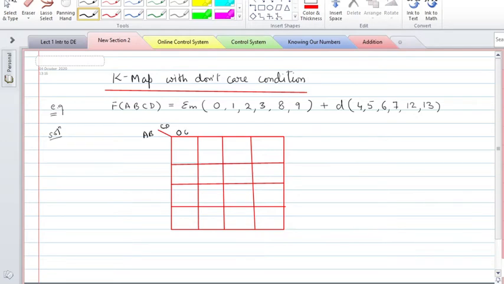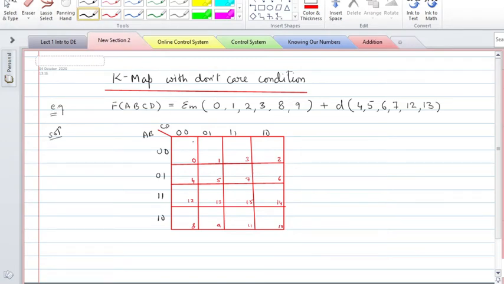A, B, C, D: 0 0, 0 1, 1 1, 1 0, and 0 0, 0 1, 1 1, 1 0. And the values in the K map, decimal values 0, 1, 2, 3, 4, 5, 6, 7, 8, 9, 10, 11, 12, 13, 14 and 15. Here these are the min terms.